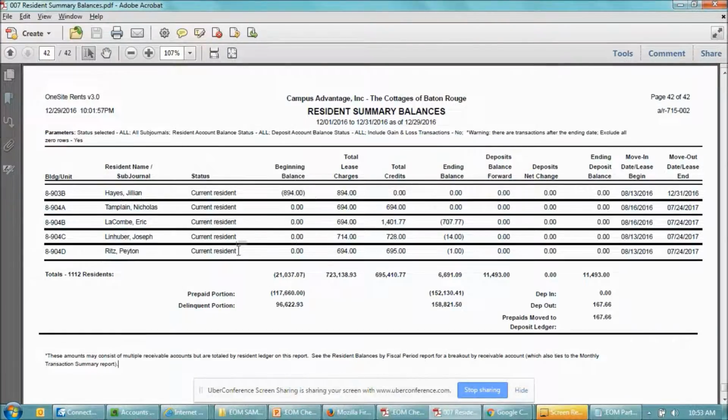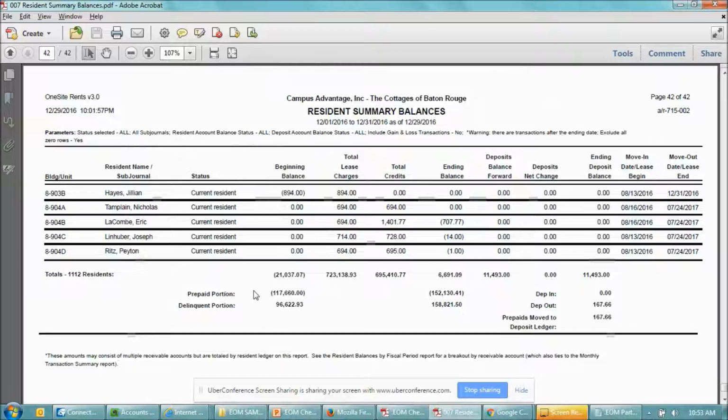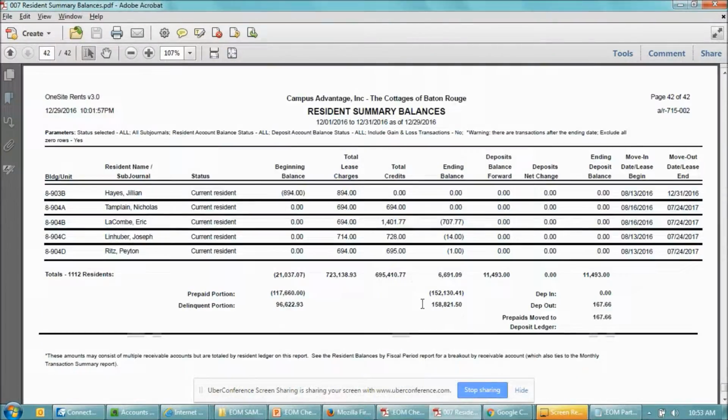So let's start off with that and jump all the way down to the bottom. So I'm going to hit Control End to jump to the bottom. And we have here our prepaid portion, which is 15,310.49, which is going to be wrong from this number because I pulled this yesterday and we just fixed the one error.